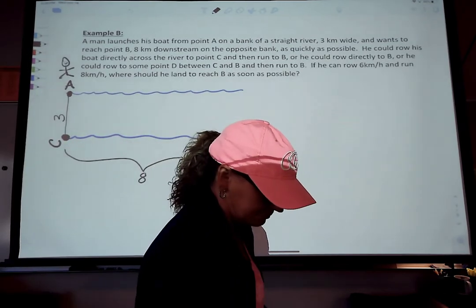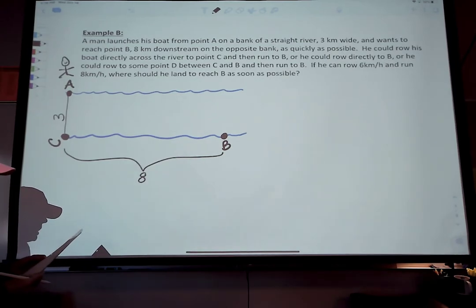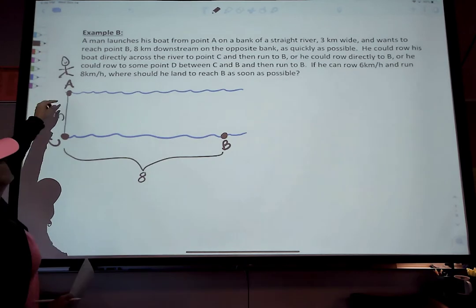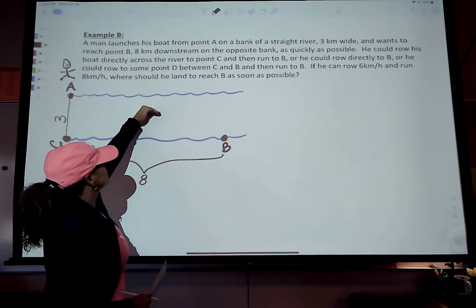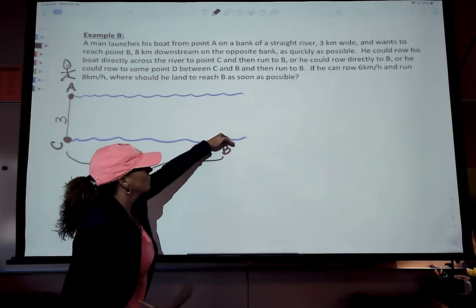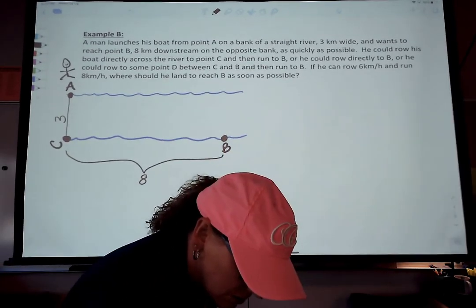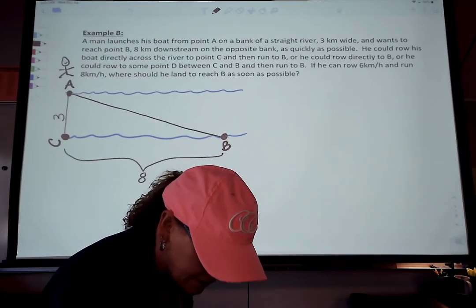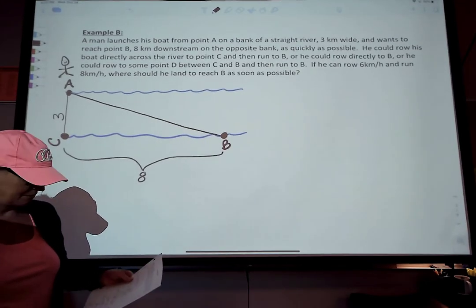Option number 2. He could row directly to B. Okay, so he could get in the boat and row a nice straight diagonal all the way to B. That's an option. Let's see.